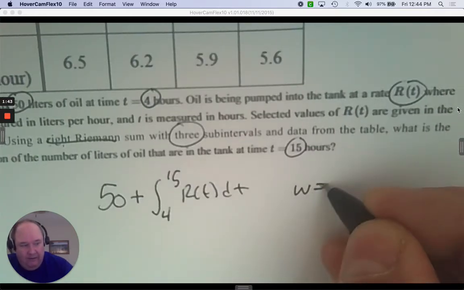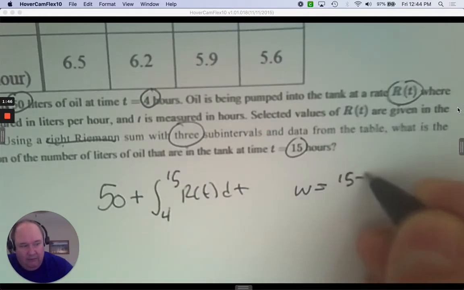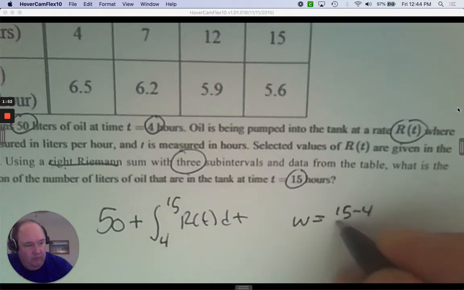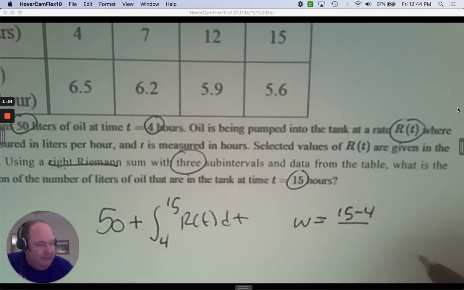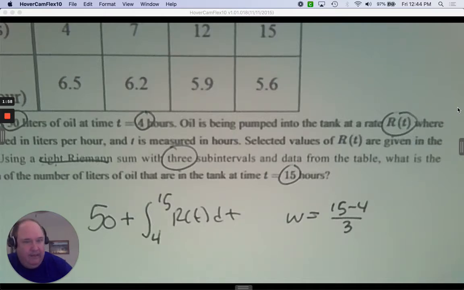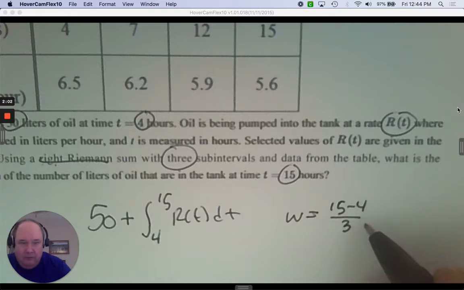Now, with 3 subintervals, for the width you would take the top, subtract the bottom, and divide by 3 subintervals. That will give you the width of each one. Now, that is not a nice number. It doesn't matter, the calculator doesn't care.